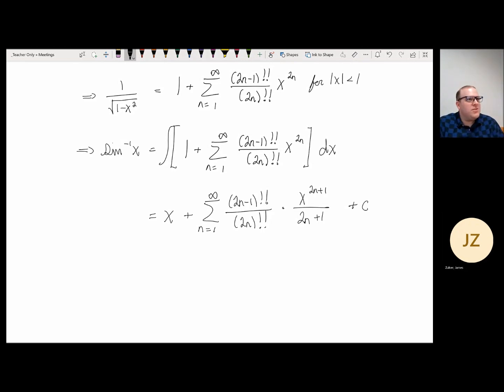We need to find that constant. But that is easy. What's the inverse sine of 0? Well, I'm just ignoring the C for it. I'm saying, if I ask, what is the inverse sine of 0?